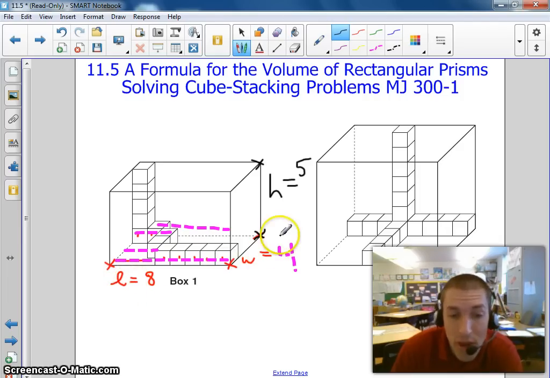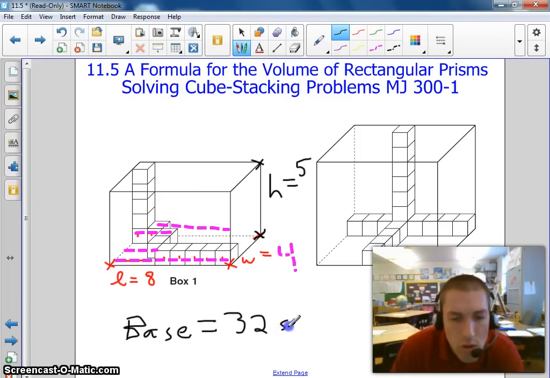Good. Length times width, or base times height. We're going to do length times width, because we want to find how many squares it would take to cover the bottom. So 8 times 4 gives us 32. So my base, and excuse my messy writing, but I'm doing it with a mouse, my base is 32 square units.